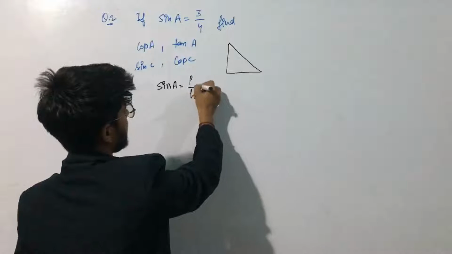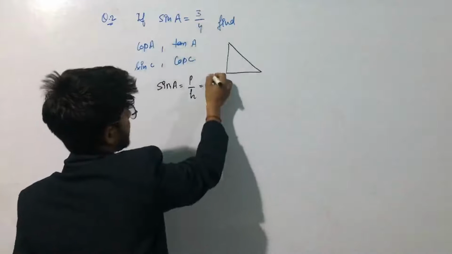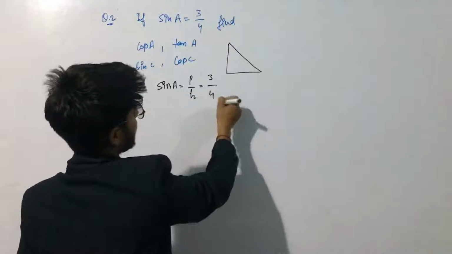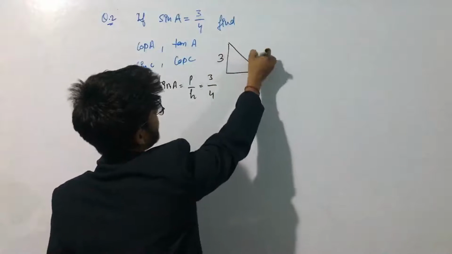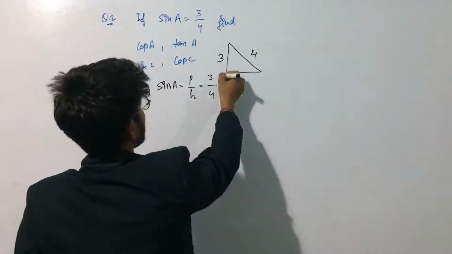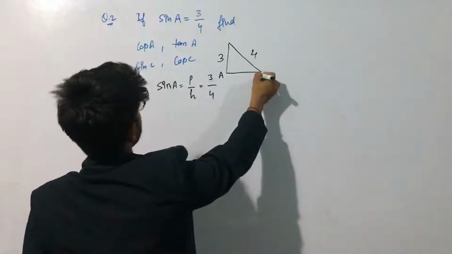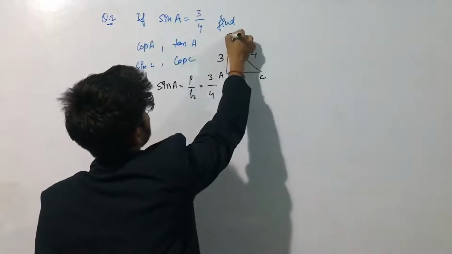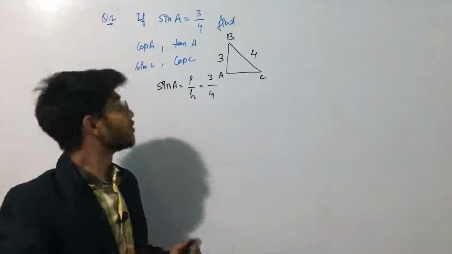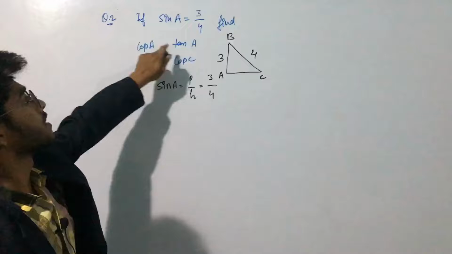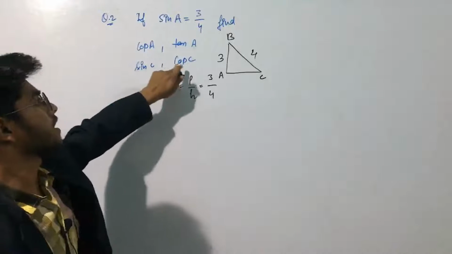Perpendicular is 3, hypotenuse is 4. Angle ACB. Find cos A, tan A, sin C and cos C.